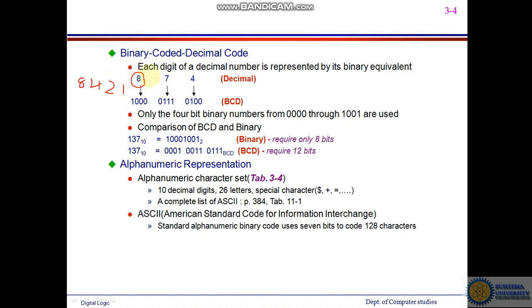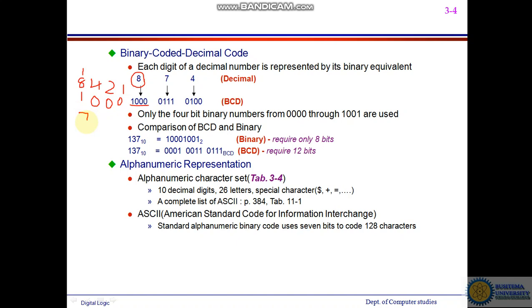So in 8, can I get the 8? Then we shall say yes, and then I've remained with the 0. Automatically these others are going to be zeros, and that is how you come up with this value.